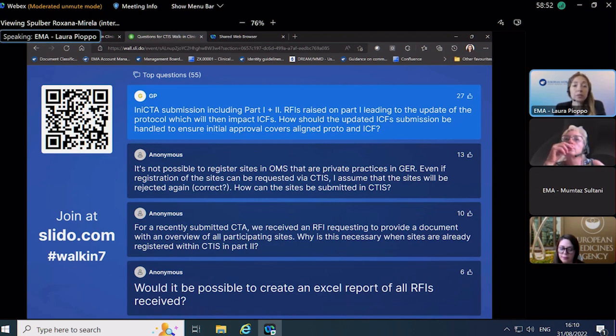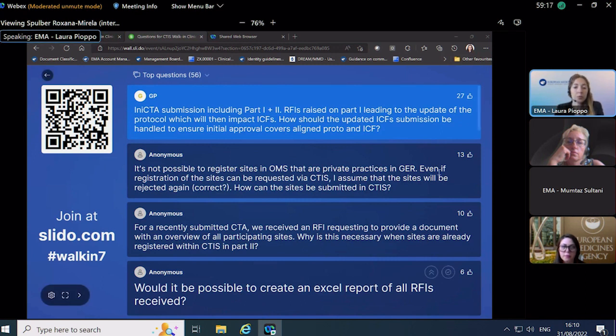But you can only do that if you have part 2 in scope. So either an RFI for part 1 and part 2 is raised, or the part 2 RFIs are raised by the member states concerned. There is no other way for the sponsor to update the documents while the application is under evaluation. Related to this, there was maybe another question.